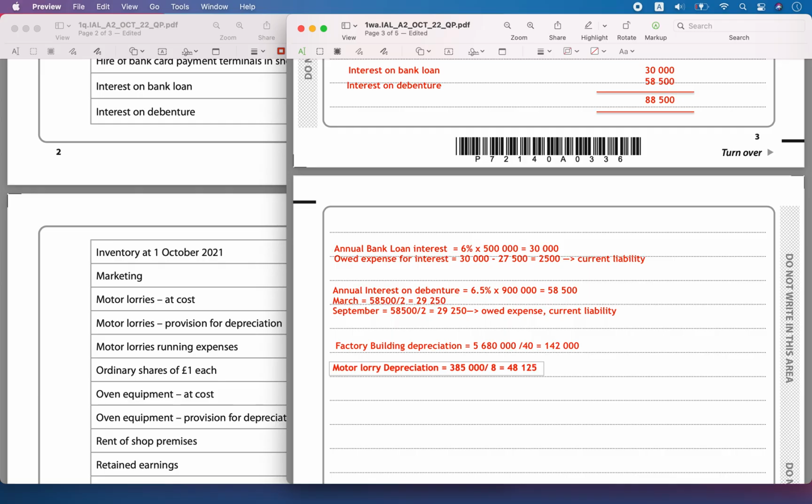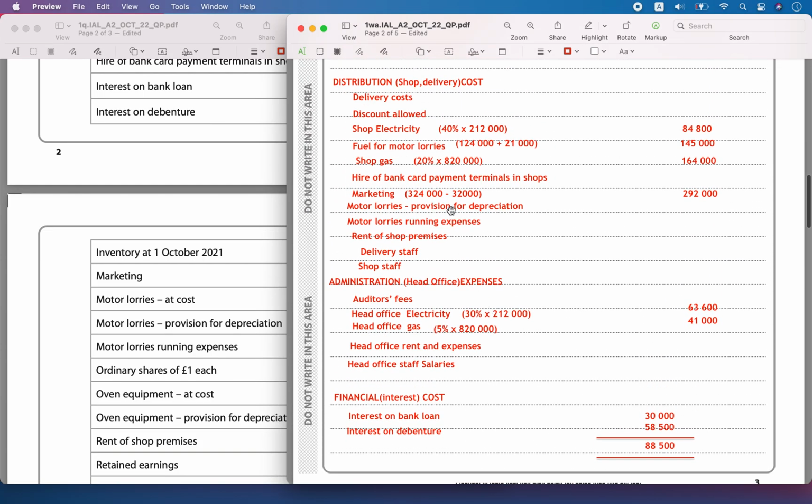This year's depreciation for the motor lorries they have not included, so let's include this. Motor lorries depreciation was not included, so that is going to be equal to 48,125.